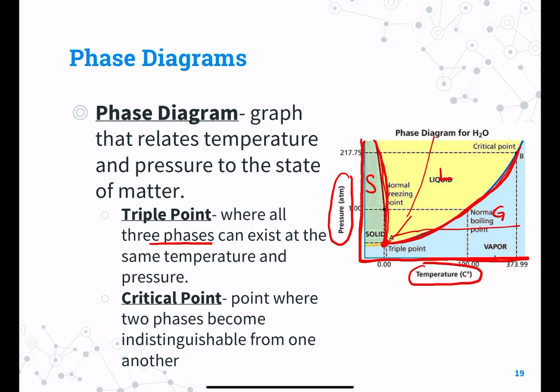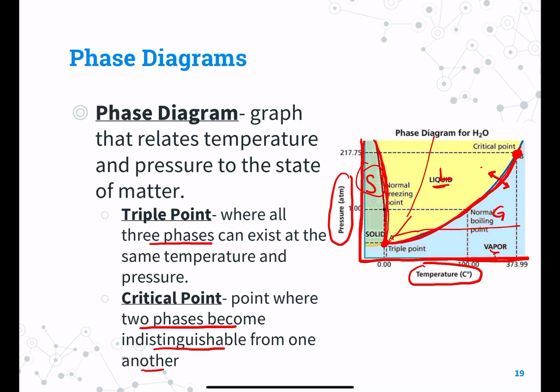All right? Another important point is up here, usually at the top right of the graph, and it's called the critical point. It is when 2 phases become indistinguishable from one another. The 2 phases it's talking about are always the liquid and the gas, because those are the 2 phases that are meeting here.